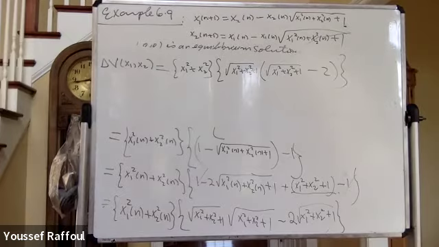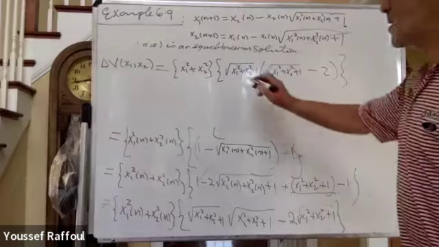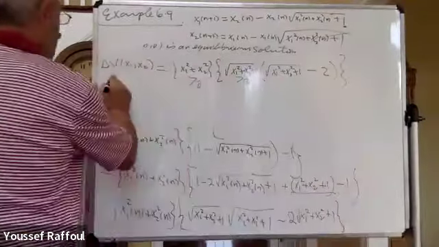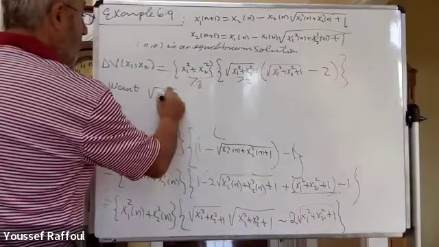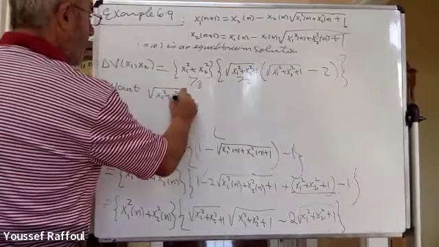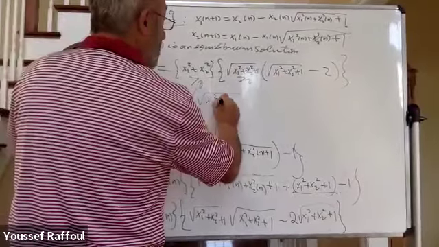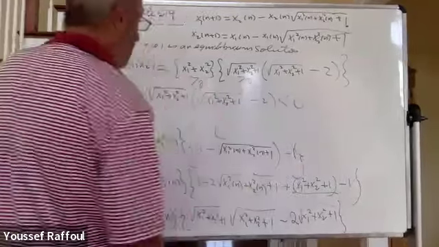What do you think? It's a really clever way to do it. Now, this is positive. This is positive. So we want the square root of x1 squared plus x2 squared plus 1 minus 2 less than 0.